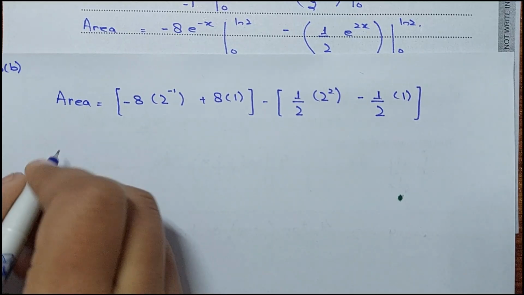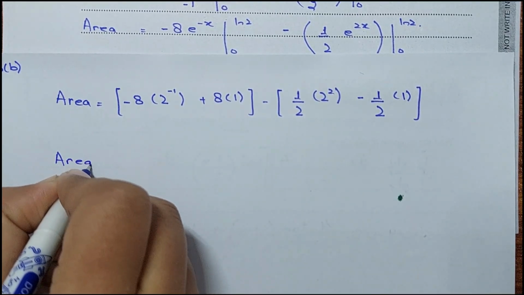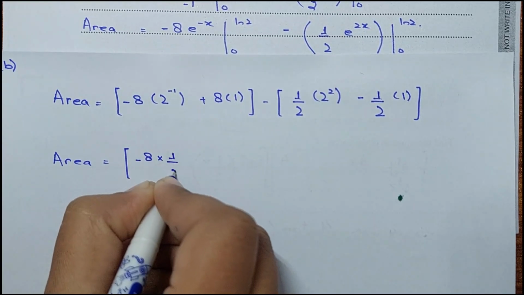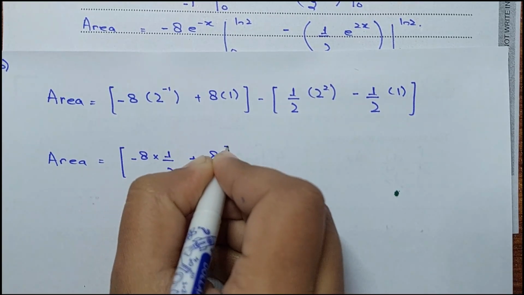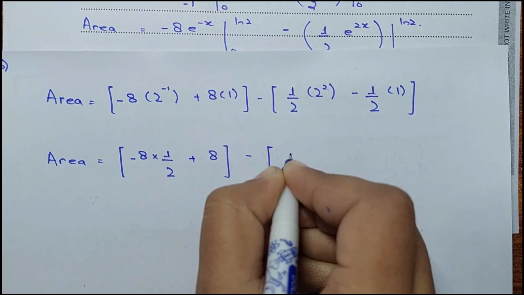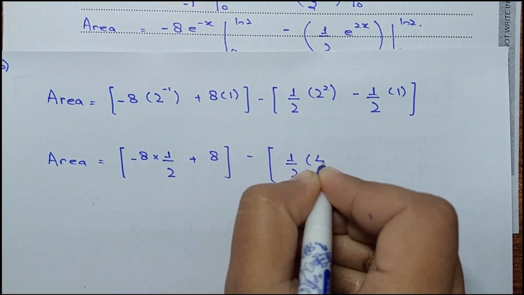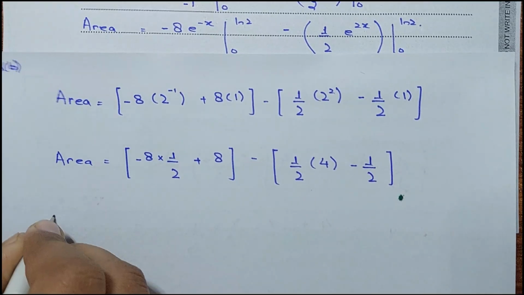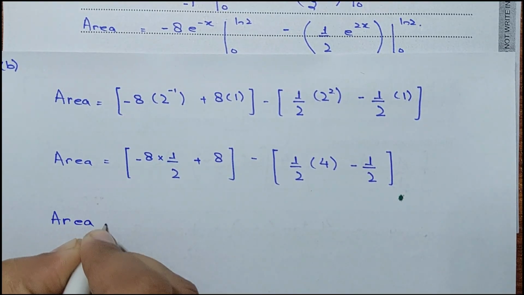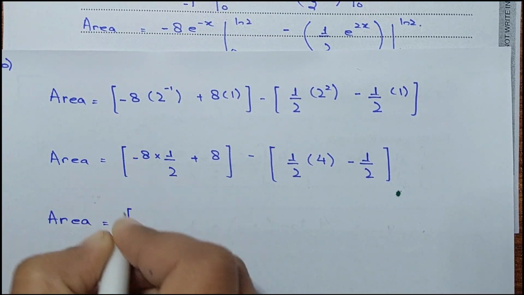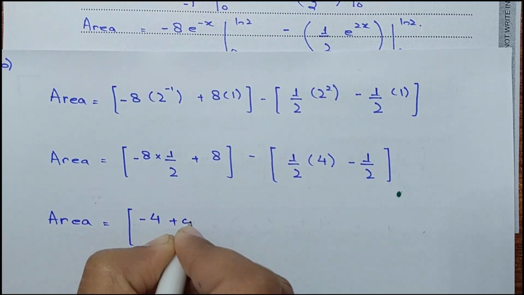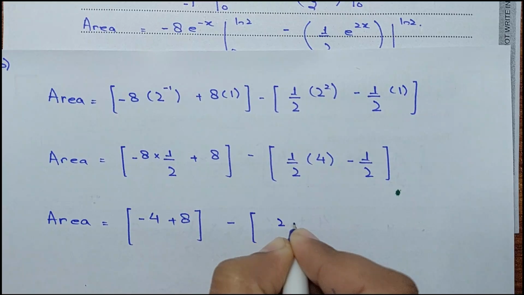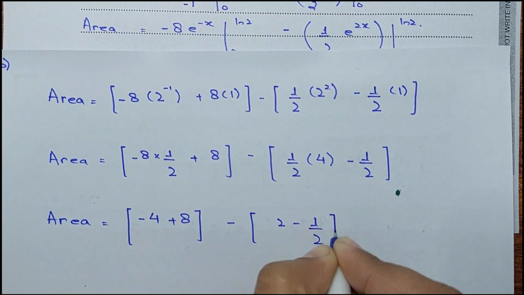Okay, this becomes area is negative 8 multiply 1 by 2 plus 8 minus 1 over 2 multiply 2 square is 4, minus 1 by 2 times 1 is just 1 by 2. So now the area is minus 2 times 4 is 8... minus 4 plus 8, minus 2 times 2 is 4, 2 minus 1 by 2.